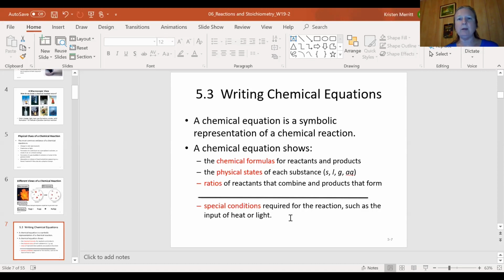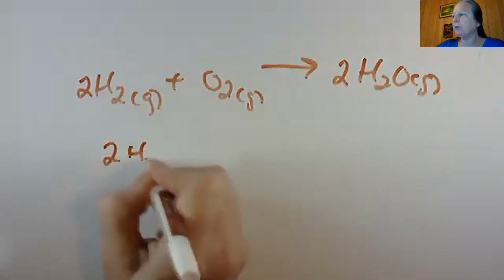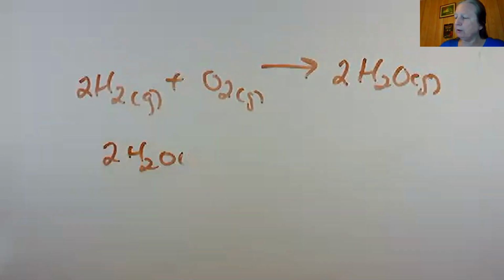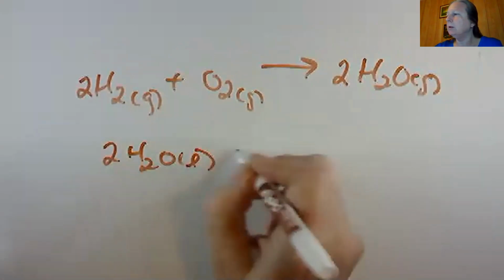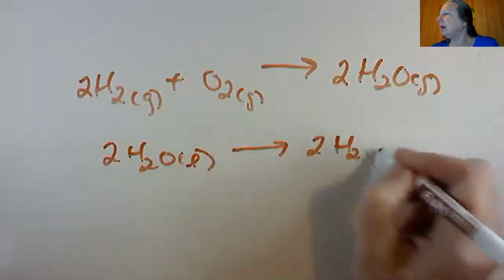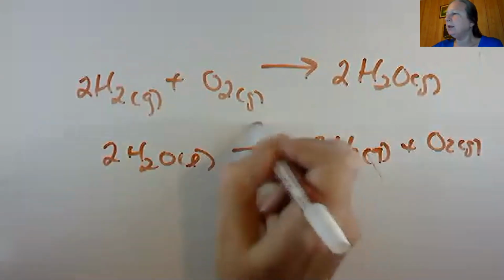So you might say, if we did the reverse of this, and actually usually it's done with liquid water, converting back to hydrogen gas and oxygen gas, we might put an E up here for energy.